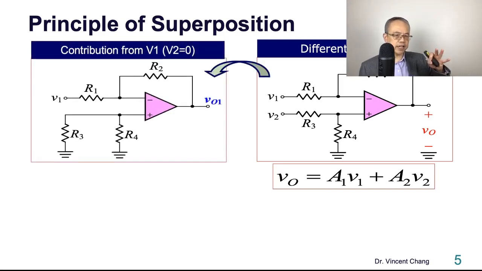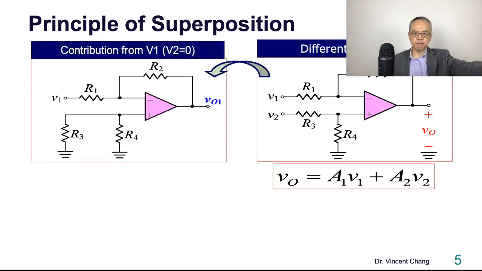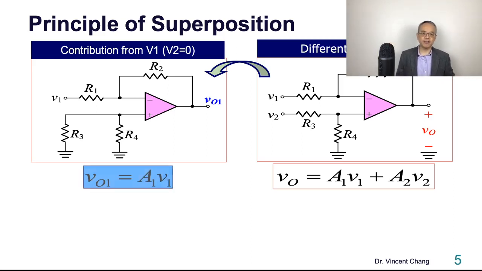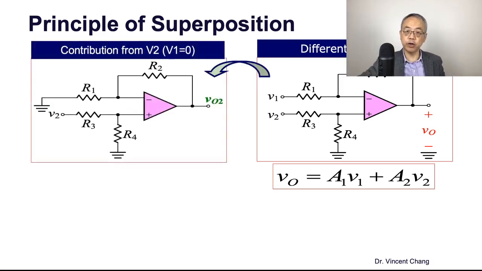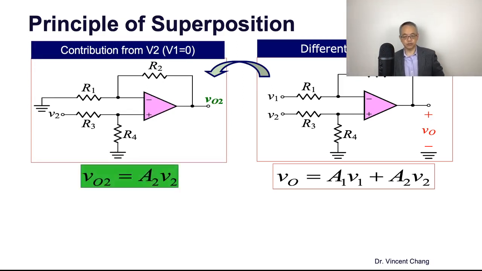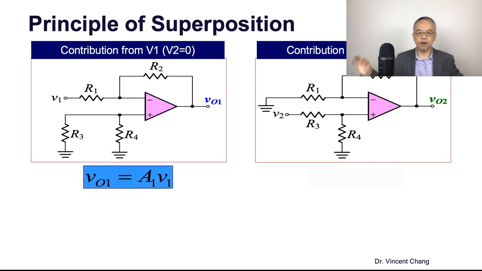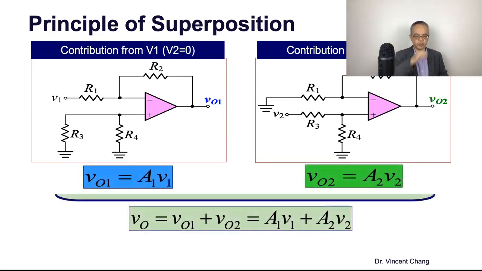You can just set V2 as 0, kill the second signal and focus on the contribution from the first signal, V1. And then you can set V1 as 0 and focus on the contribution from the second source, A2 V2. And then you combine these two together, and you will get the linear combination result.